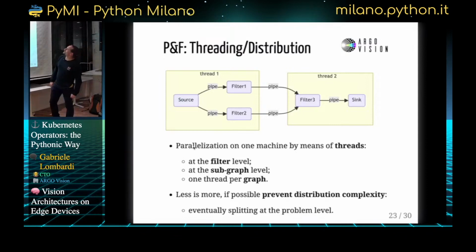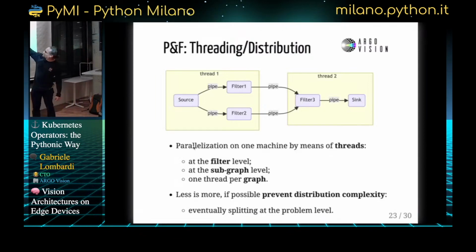Okay, so threading. What can we do? We can have different levels where the threading is placed, where the parallelism or concurrency, depending, is placed. Maybe at the filter level, as we said, the face detector in OpenCV is parallel. It's already working with many threads. We can have, obviously, one whole graph per thread. So maybe we have many threads working, I don't know, with many cameras, and each one can be parallel.